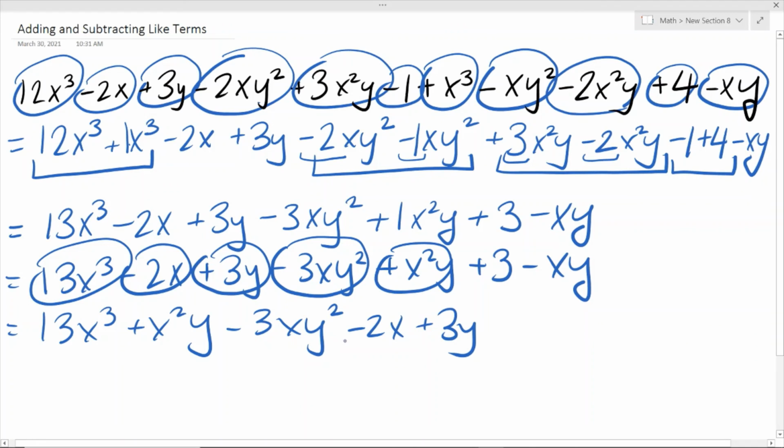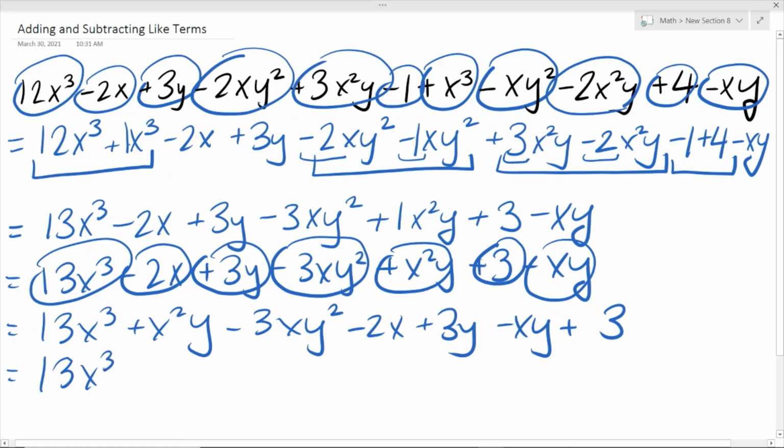Oh, oops, I should have written negative xy somewhere here. Didn't. But that's okay, it doesn't really matter. Or it could be fit in between. Usually I see it like this. Let's rewrite that. So I'm just rearranging these terms.